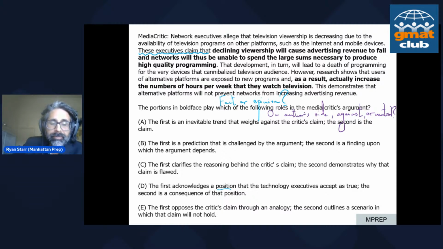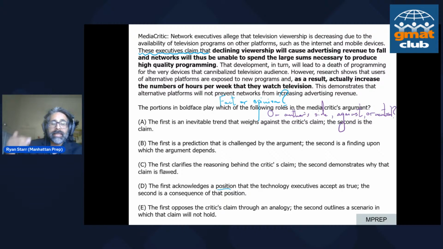Notice that, like A, for instance, says the first is an inevitable trend that weighs against the critic's claim. The critic's claim, of course, is going to be the main claim of the argument because this argument is attributed to media critic, right? So whatever the critic's claim is, that is the conclusion. That's the author's conclusion here.